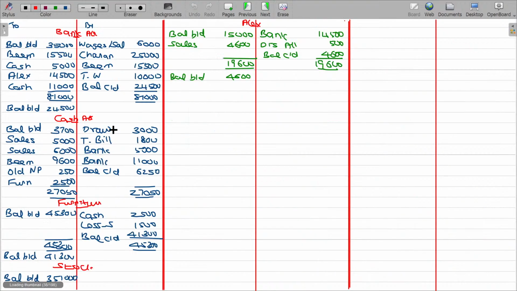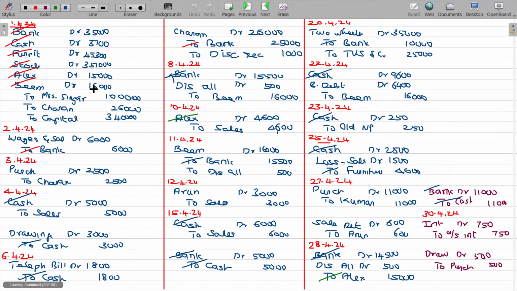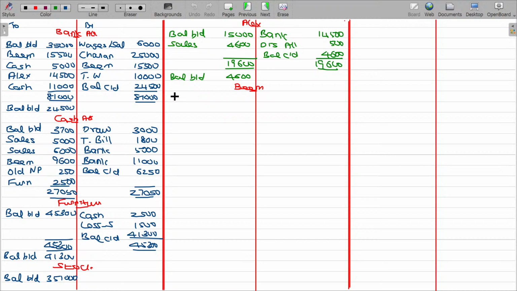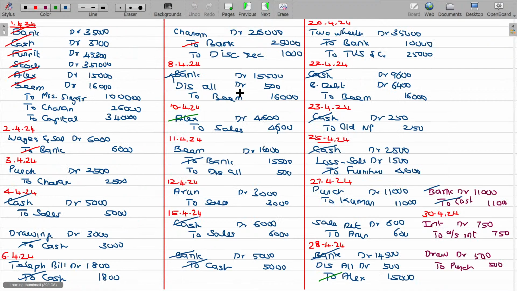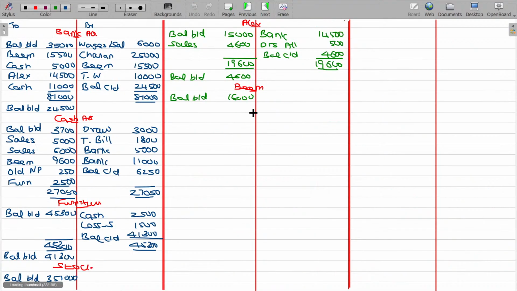Then we go for Beam. Debit side 16,000. Balance brought down 16,000. And we have Beam here. By bank and discount allowed, 15,500 and 500.